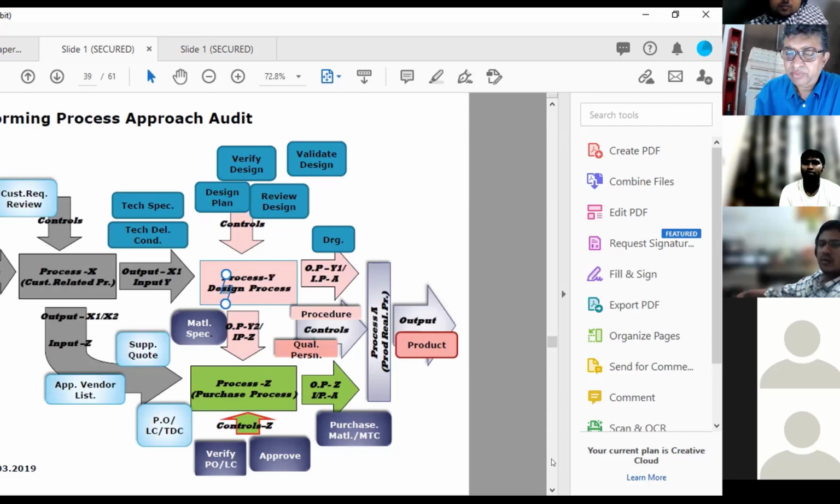Trace backward would be, I start here. For example, I take a product which is going out from the factory, for example Ajit's product, the skid, going out mounted on a 40-feet trailer. I stop this vehicle and ask, sir, can you allow me to take a sample?